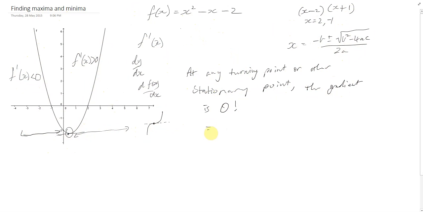In other words, our derivative function f dash of x equals 0, or using the other notation, dy dx equals 0.